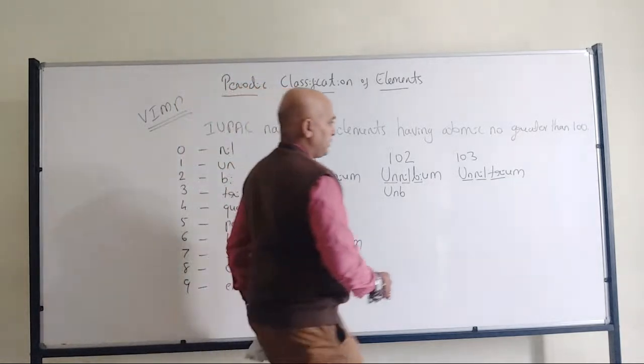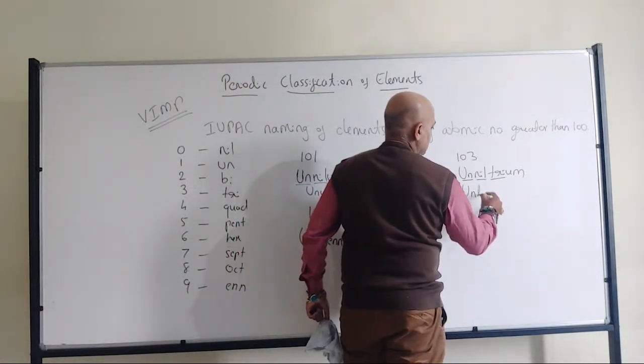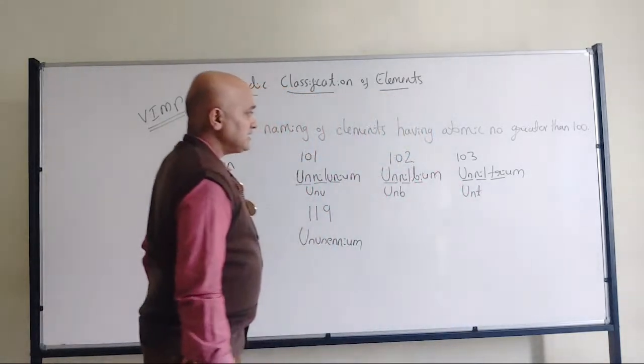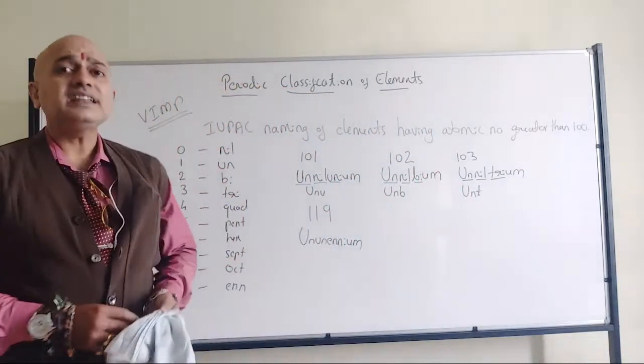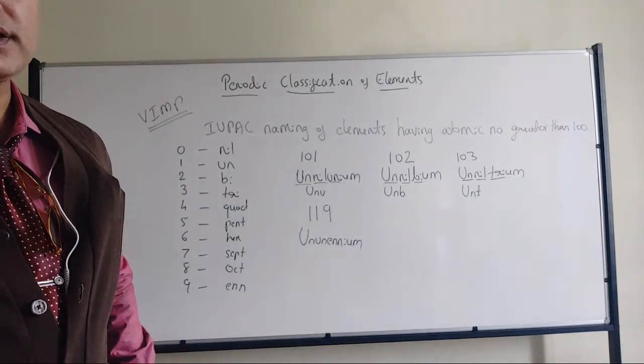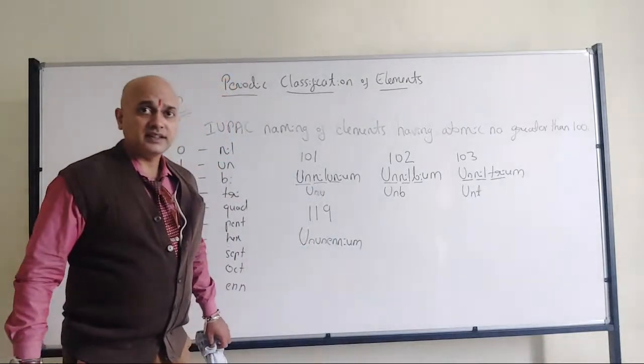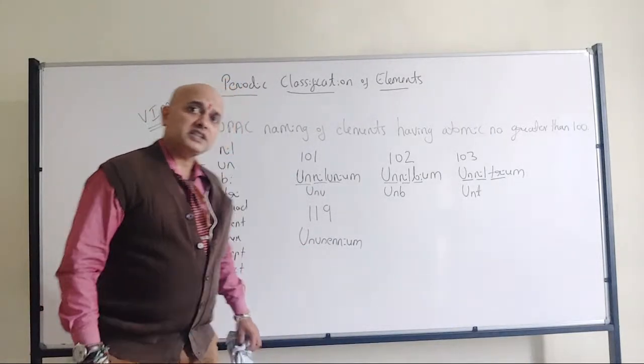That will be a 3-letter abbreviation. Here, N, then T. Okay. So like that we can have the 3-letter abbreviations also, which are there in your periodic table. For elements they have given these 3-letter abbreviations also. Okay. All of you have understood?